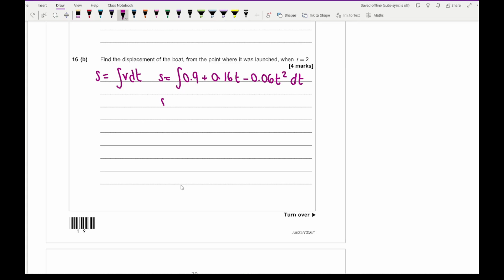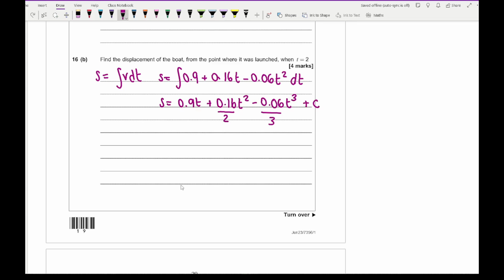So let's do that. The first term gives 0.9t, the second term is 0.16t squared all divided by 2, and the third term 0.06t cubed all divided by 3.